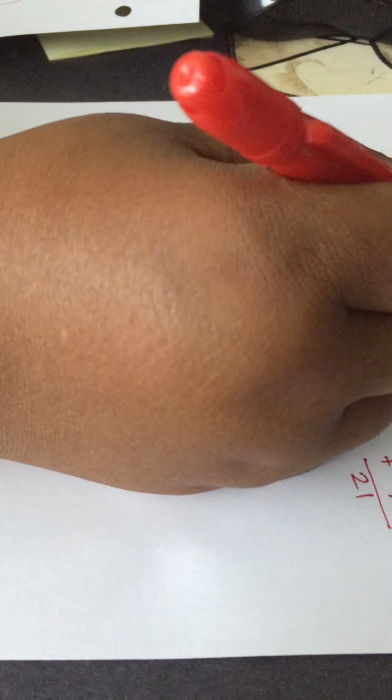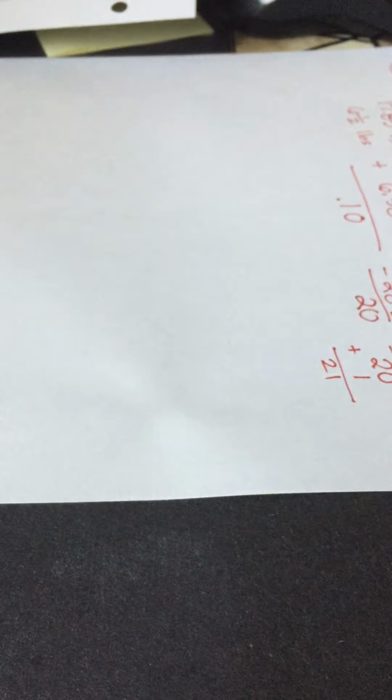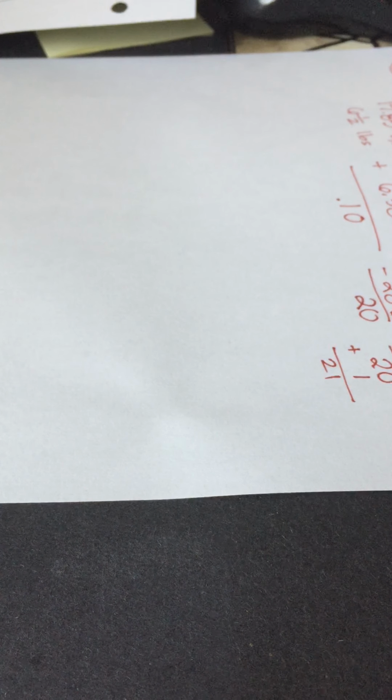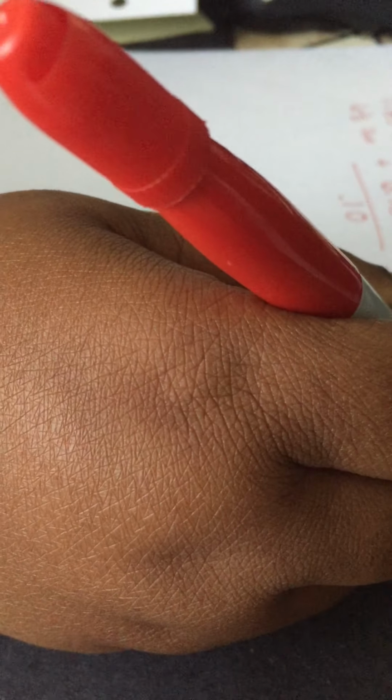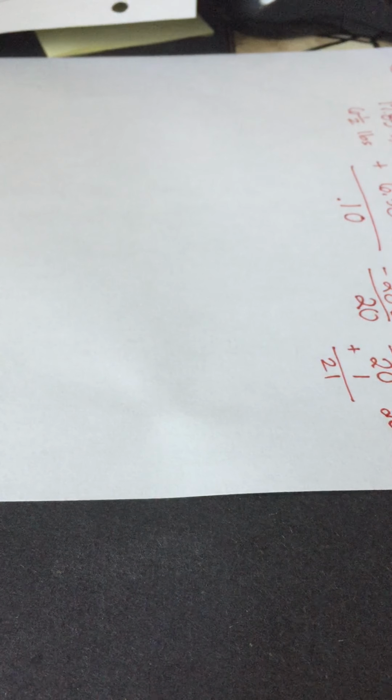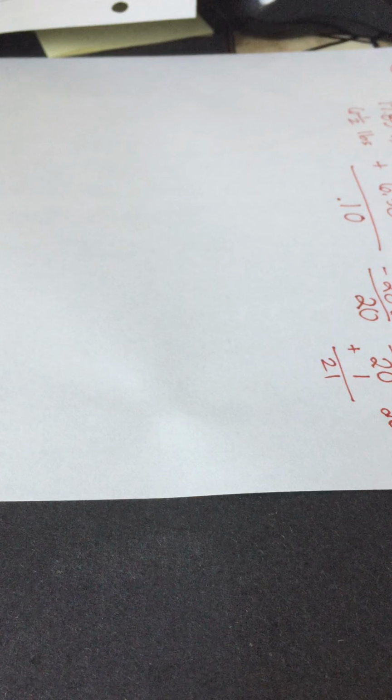You've got 7 plus 7. 7 plus 7 is 14. 14 plus 6. 6 and 4 is 10. Write my 0, carry my 1. 1 plus 1 is 2. Don't forget the 2 that you carry, so you're going to add that to your amount, and that will make that 22.